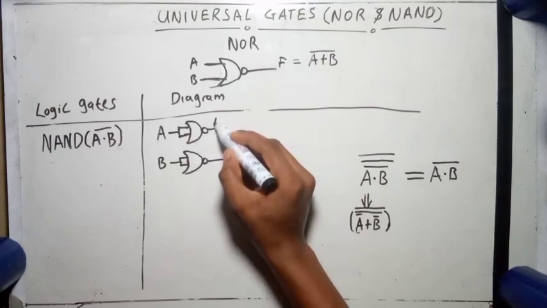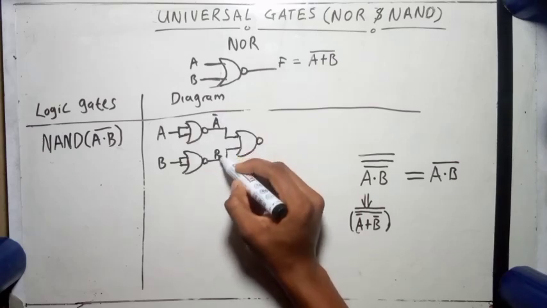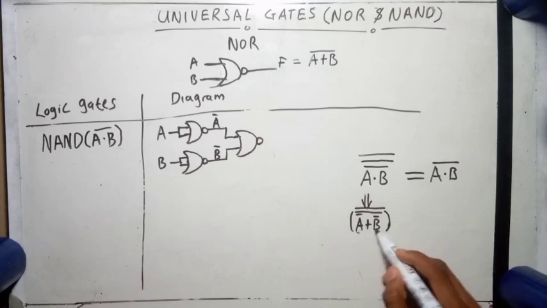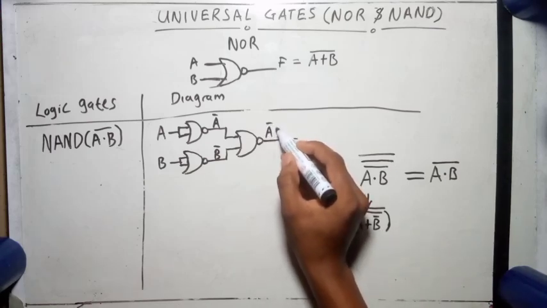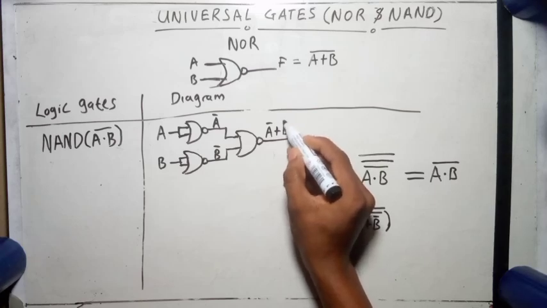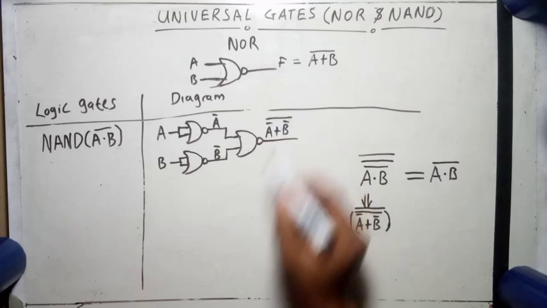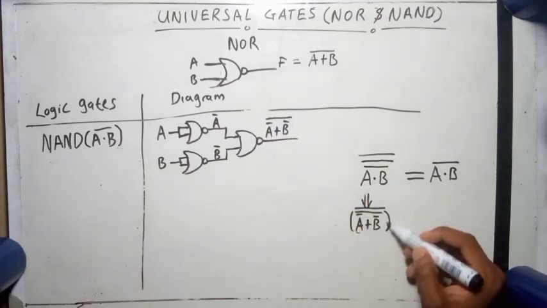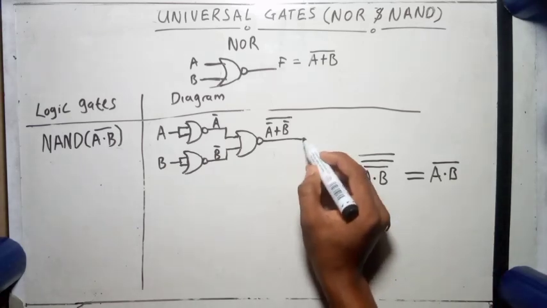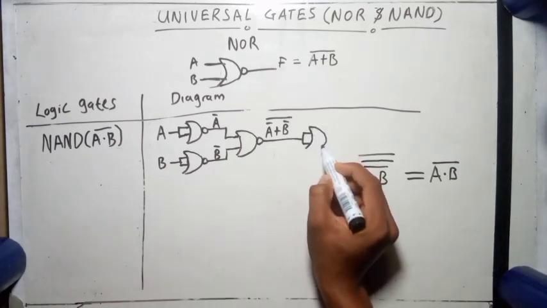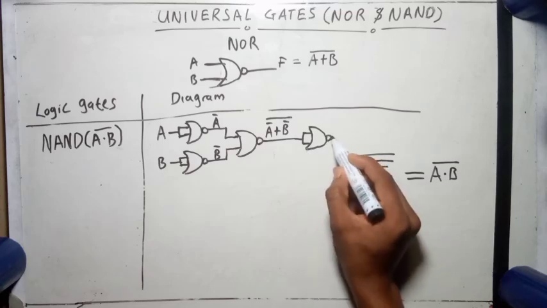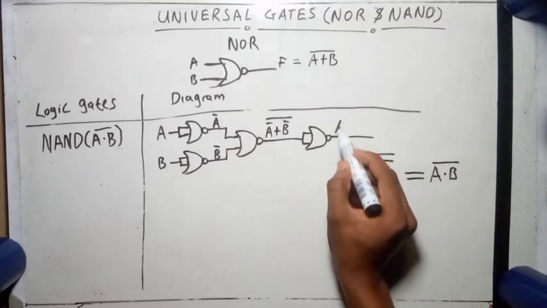Now, at this point, we have what? A bar, B bar. We have gotten this and this. Now, this is going to be giving us A bar plus B bar, or bar, which is for this second word, bar. And then lastly, we negate it again. Having what?